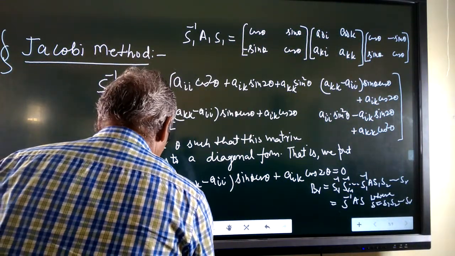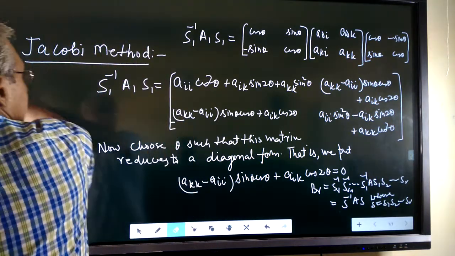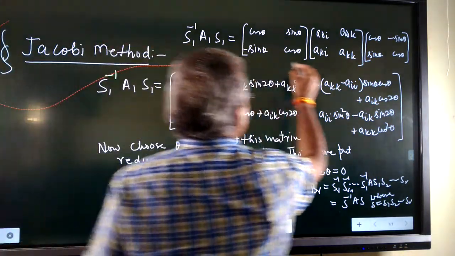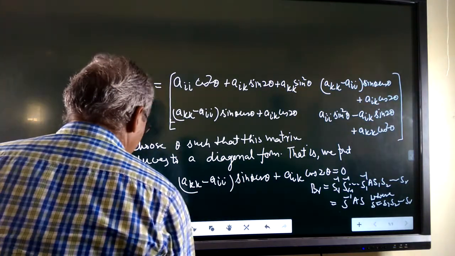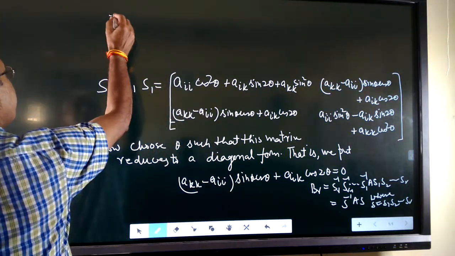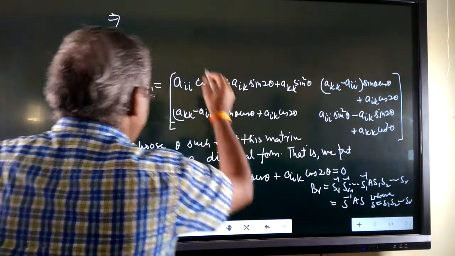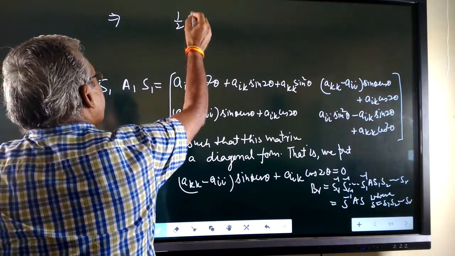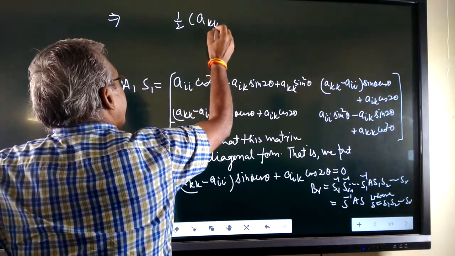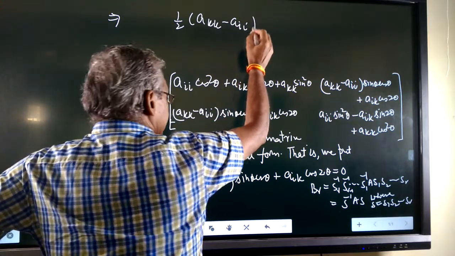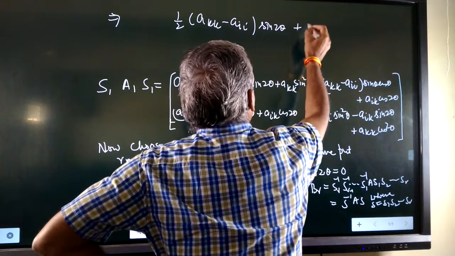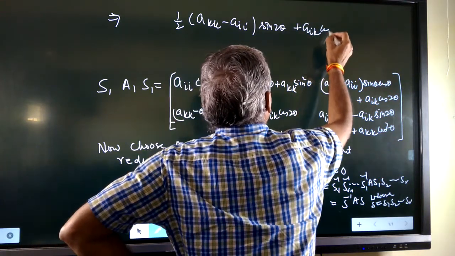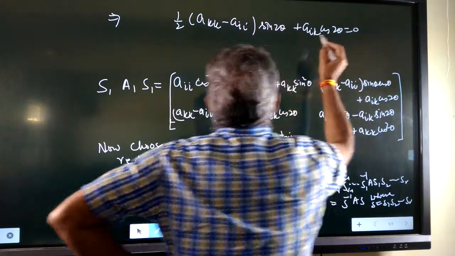Solving this relation, this can be written as half of Akk minus Aii, this is sin 2 theta, plus Aik cos 2 theta equal to 0.